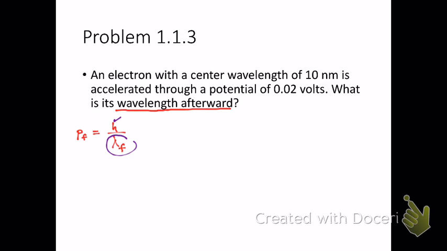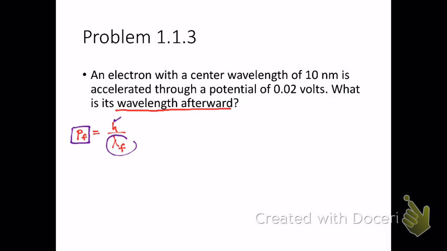I'm going to put a check mark by everything we know. We know h, that's a constant. And now I'm going to put a box around this final momentum because we don't know that. So we have one equation, two unknowns.